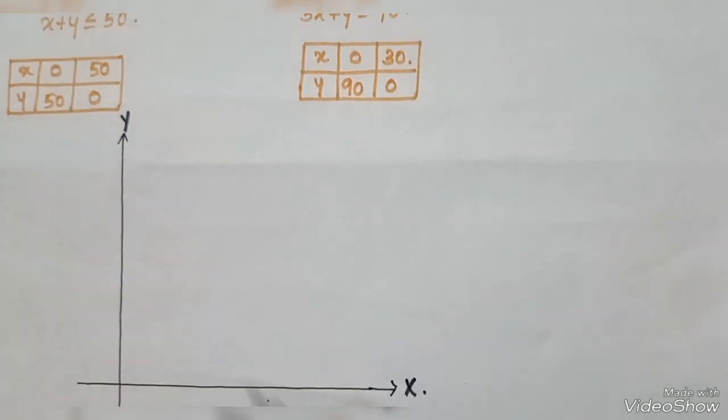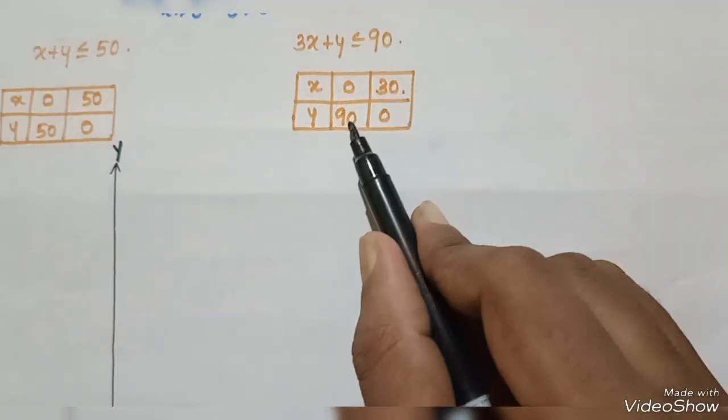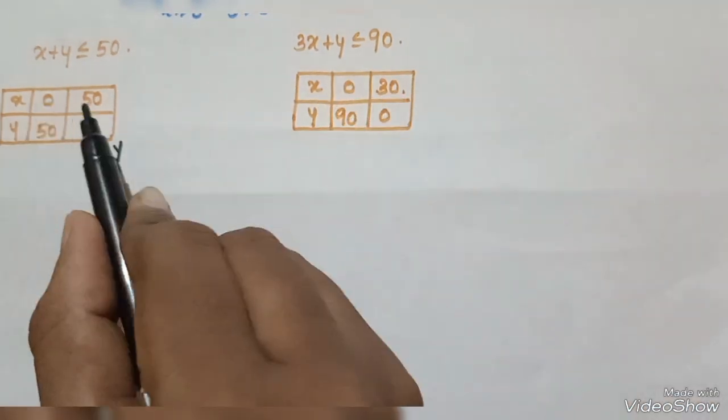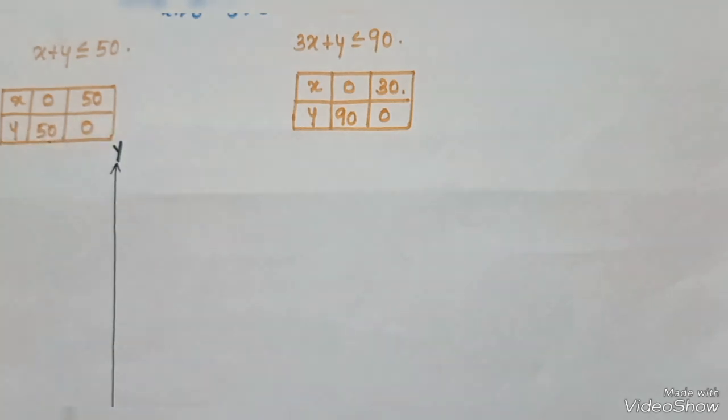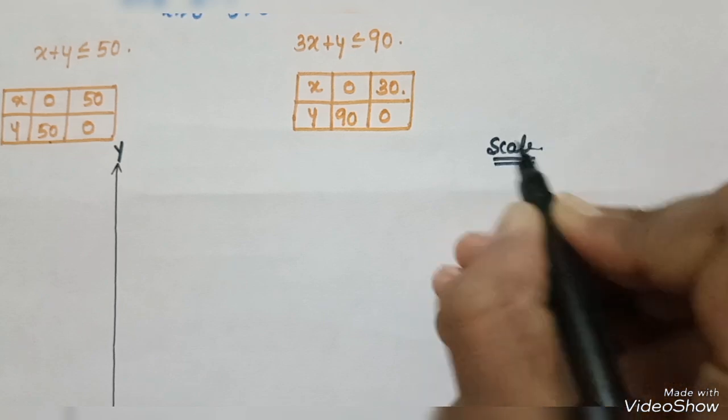Here first we have to check the units. x is 30 and y is 90. Here 50, 50, all units are in tens. So first we have to write the scale. What is the scale?